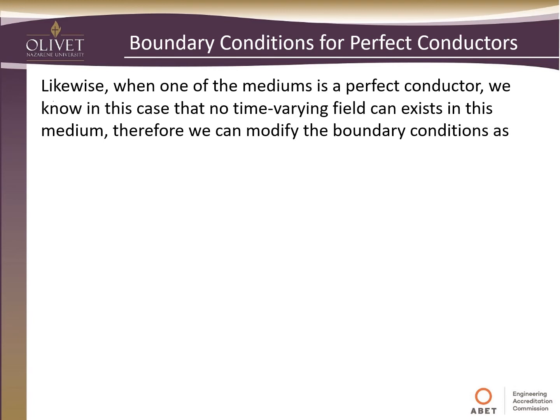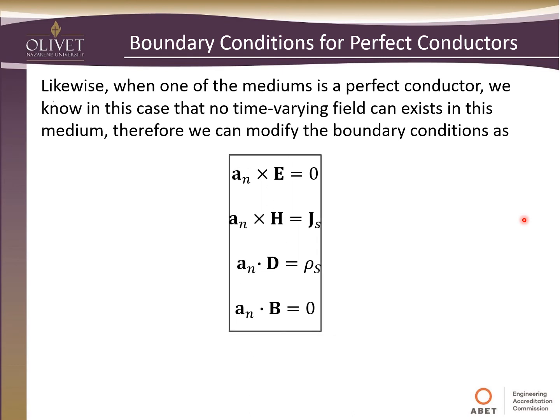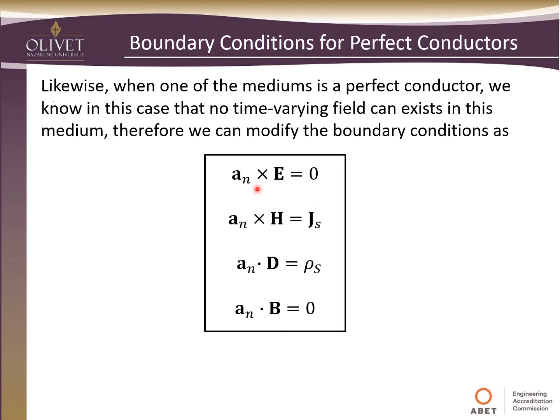Likewise, another medium we might want to look at, two different mediums, is that of a perfect conductor. We know in this case that no time varying field can exist in this medium, therefore we can modify the boundary conditions as follows. We can see here then that the normal vectors times these have got to be equal to 0.